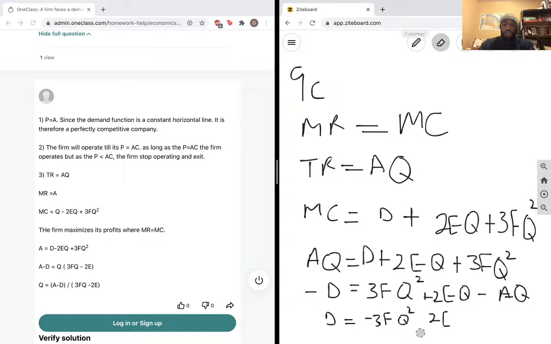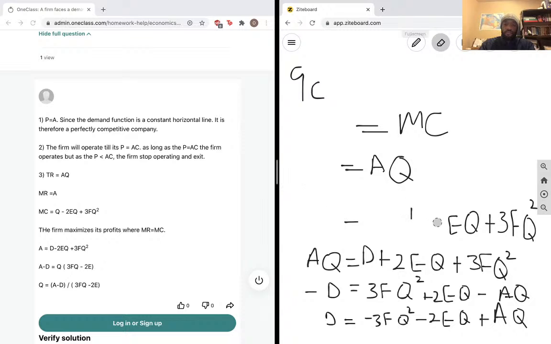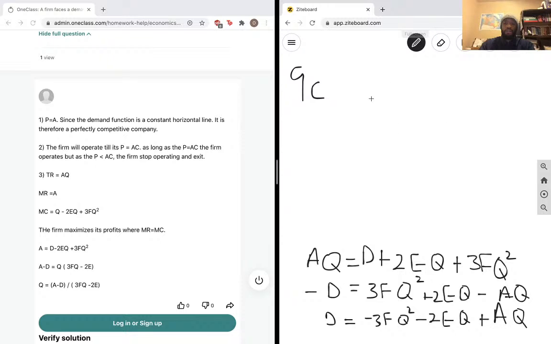Everything's being divided by a negative. So this is going to be negative 2EQ plus AQ. And we could just erase this over here. We're going to continue at the top.